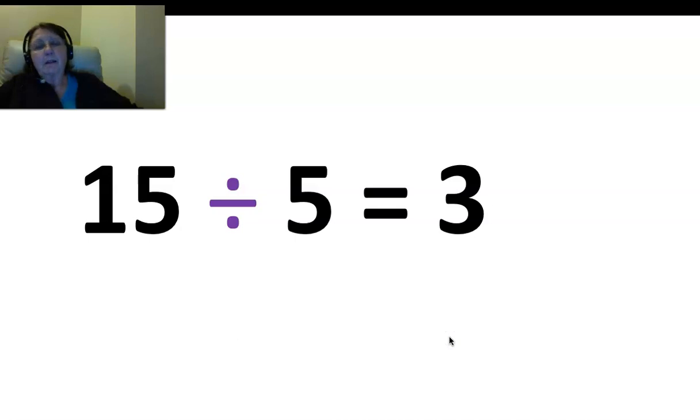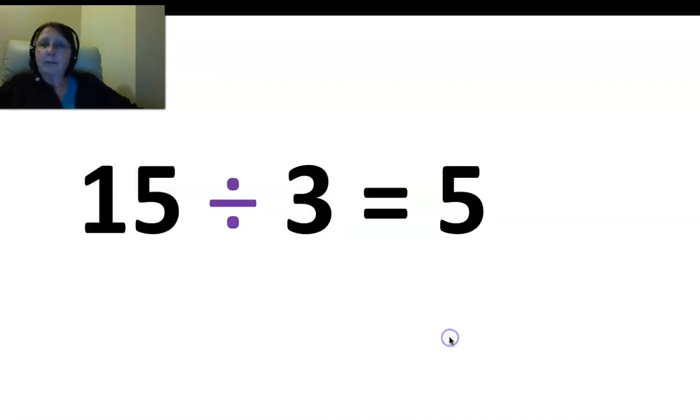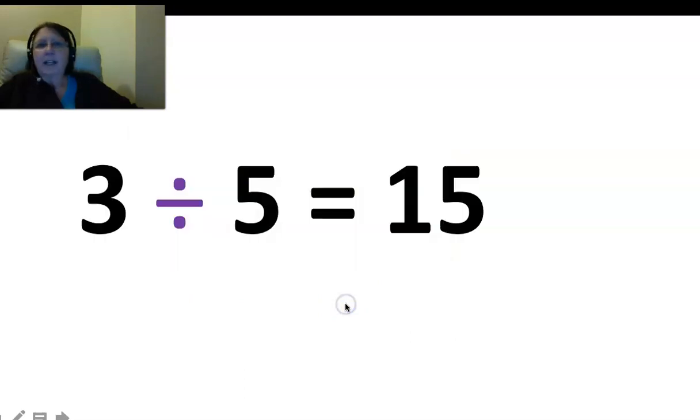Now, true or false? That's true. True or false? Take 15 things, share it equally between 3 people, and each person gets 5. True. I wonder if I could take 3 things, share it equally between 5 people, and get 15 things.